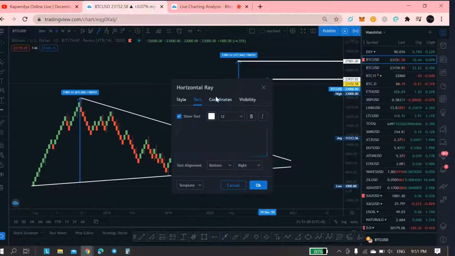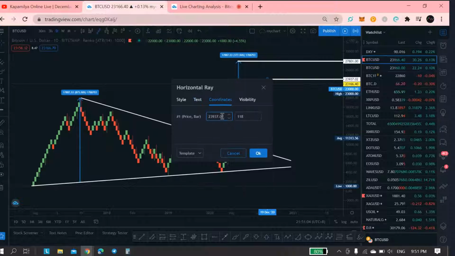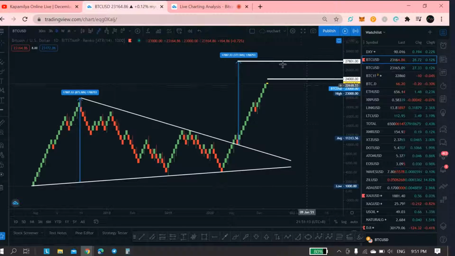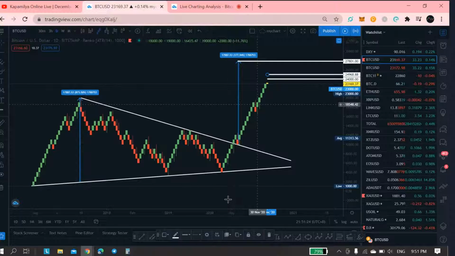That's why I love using a Renko chart, because if we just know the height, we can just add or deduct from it. So that's the next possible target. Actually, I also have a current long position here in BTC, and my targets are one at 24,000 and another in the 25,000 area.